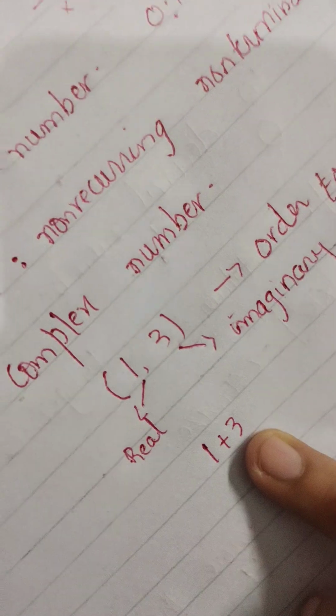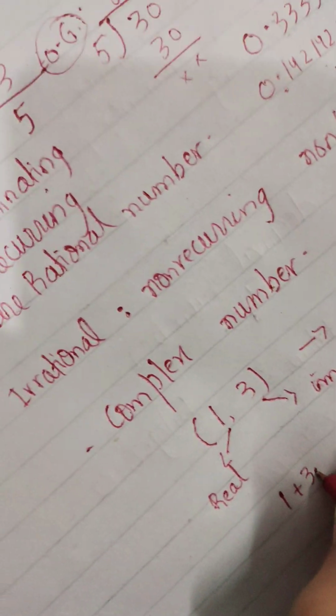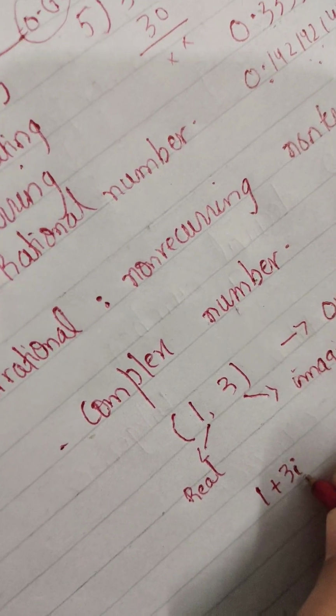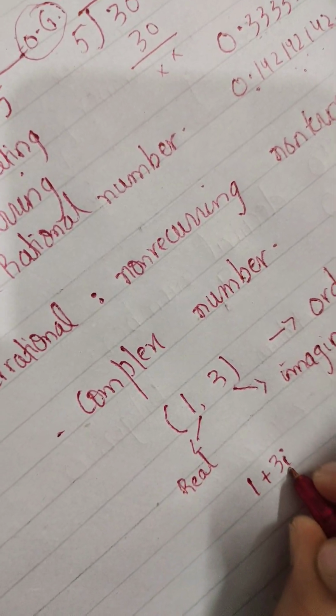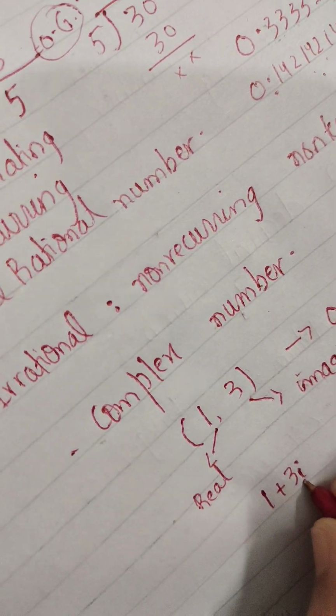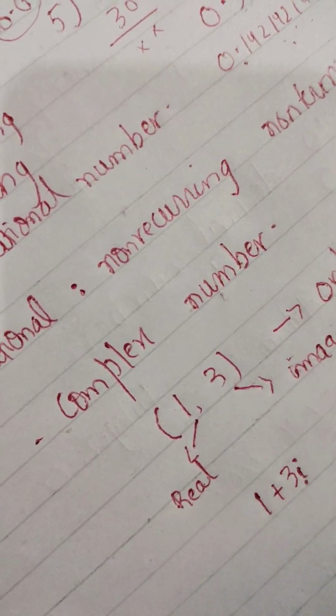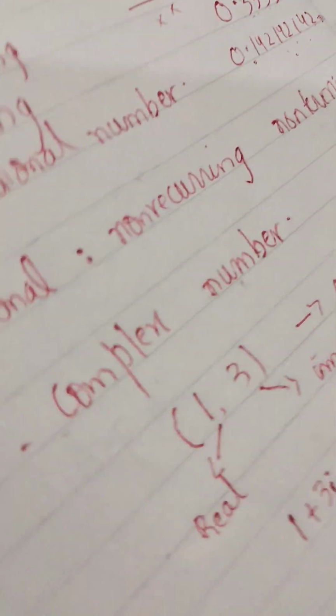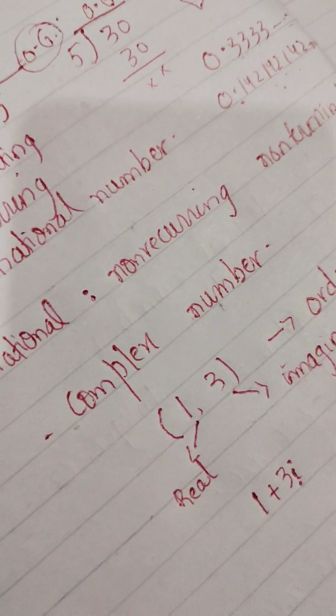For that, the math says introduce iota. The number that iota is added with will be known as the imaginary number. Okay?